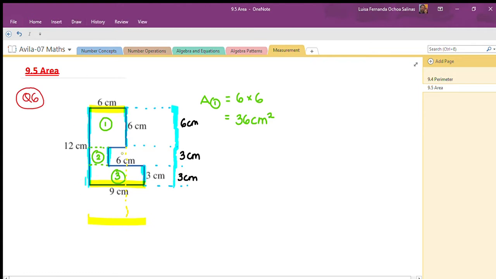Why? Because I project this line here. From here to here has to be 6 centimeters. So if I draw it here, it's 6 centimeters. So this little bit here has to be 3 centimeters. Why? Because I know that it is equal to this side of 9 centimeters. Perfect.